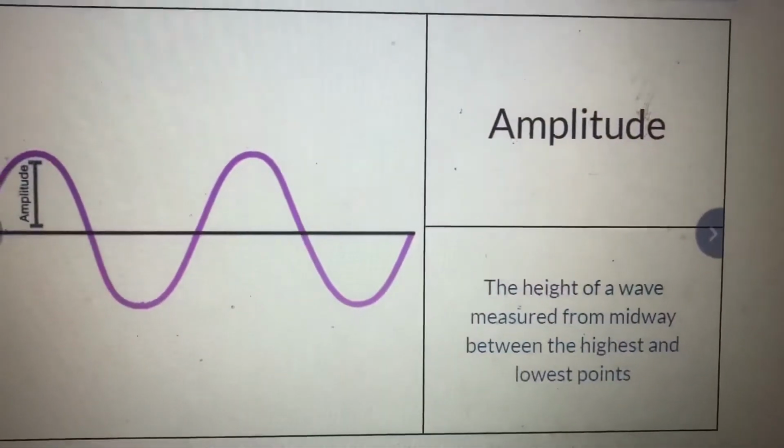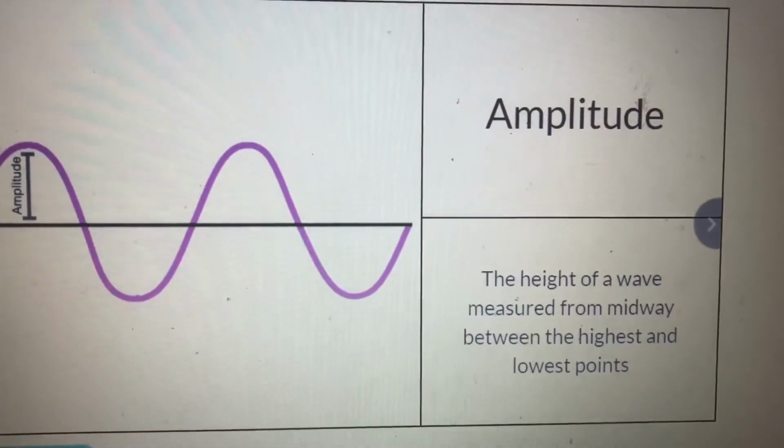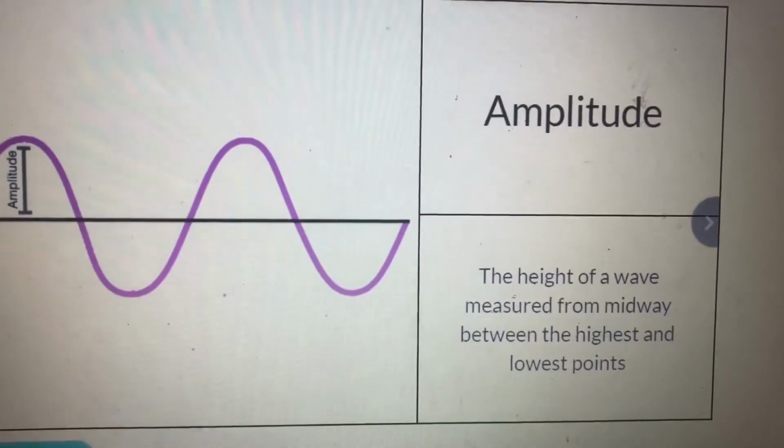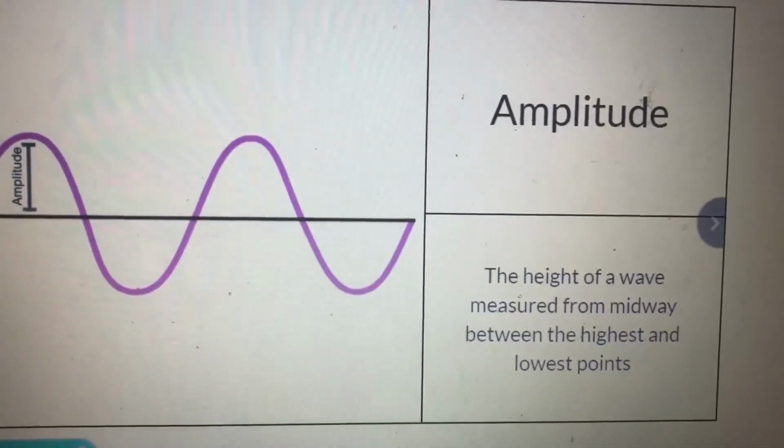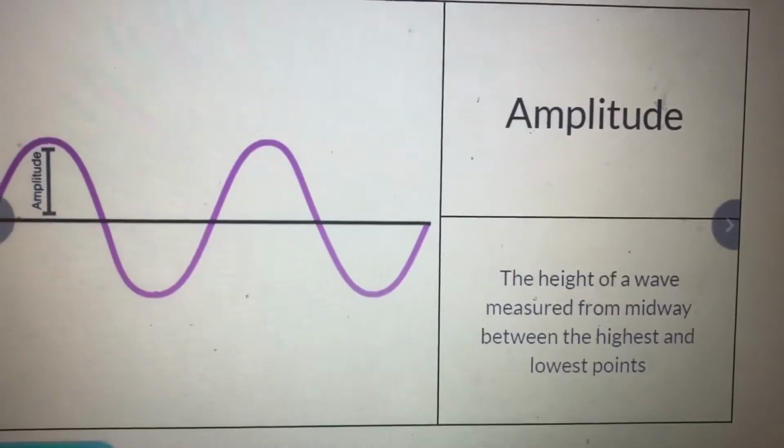Before we go on, I want to make sure that you remember two words from last lesson, okay? I want to make sure because that is very important to understand the two types of waves. So let's look at those two words. You remember amplitude? So amplitude is the height of a wave measured from midway between the highest and lowest point.